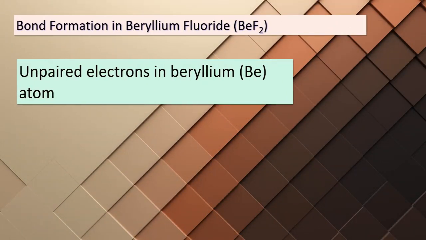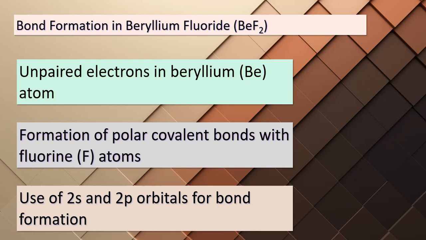Hello, students. Welcome to our second topic, where we'll delve into the intriguing world of bond formation in beryllium fluoride, BeF2. Now, we've learned that the beryllium atom has 2 unpaired electrons, which means it has the potential to form bonds with other atoms. In this case, beryllium forms polar covalent bonds with fluorine atoms. What's fascinating is that these bonds aren't identical.